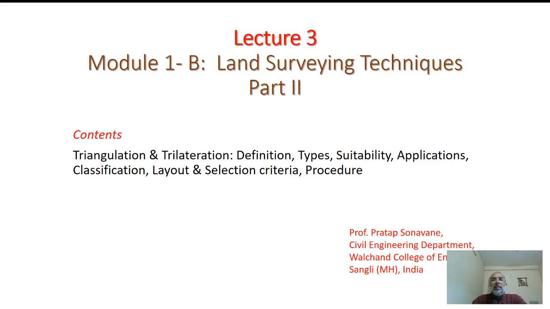Here, we'll be discussing the definition of these techniques, their types, their suitability, how they can be applied in field conditions, how they can be classified, the various layouts of triangulation networks, the respective selection criteria, and the procedure that is expected to be followed as far as triangulation processes are concerned.